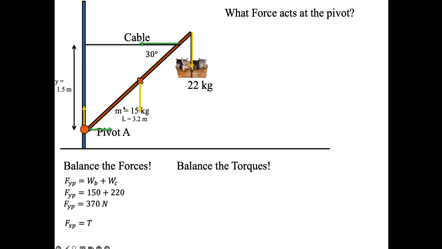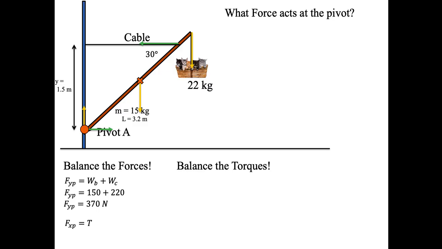where the actual pivot is. The cool thing is that you know that torque is the force acting times the length of the lever arm, right? How far is that force away from the pivot?